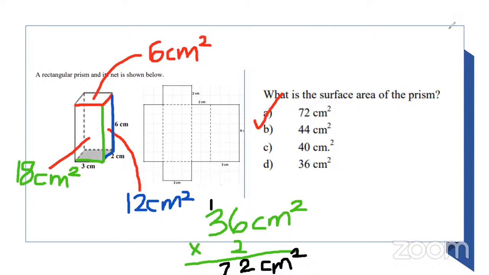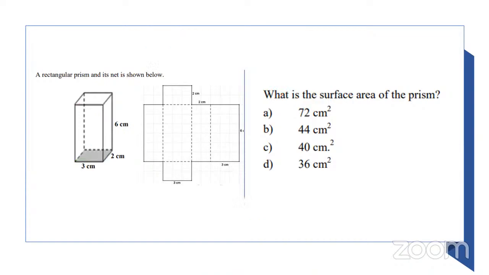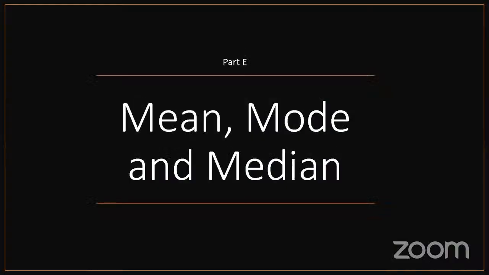All right, so let's move on to our next question. In this question, we're looking at the mean, mode, and median. So what is the mean? Give us a sentence in the chat. What is the mean? What is the mode? What is the median?